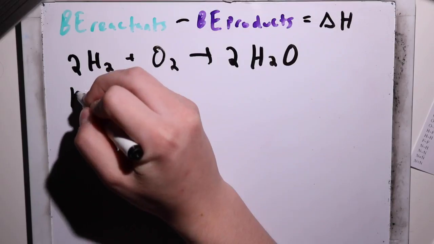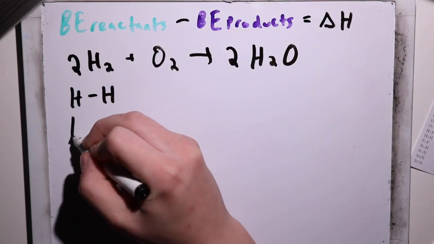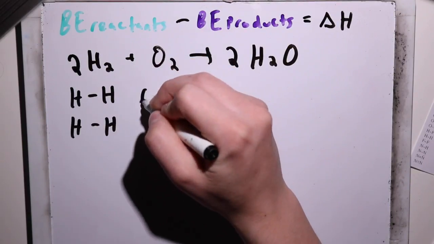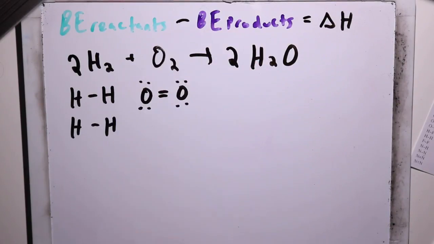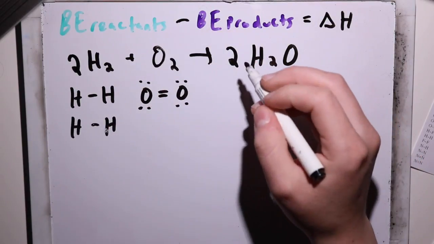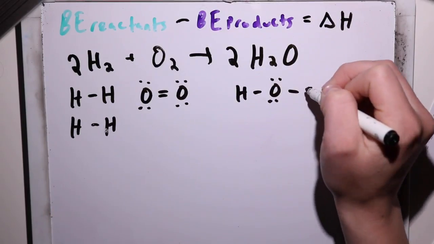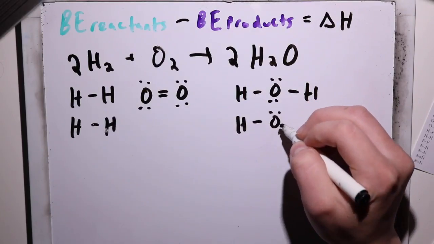So H2 is going to be like this, but since there's two H2s, we're going to draw two of these. O2 is going to look like this, and H2O is like this, but again, since there's two H2Os, we repeat it twice.